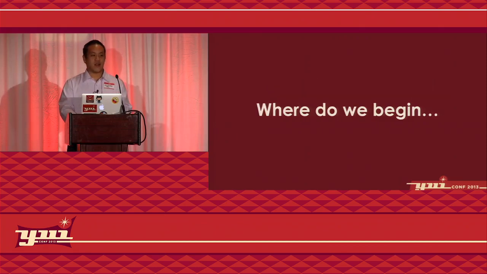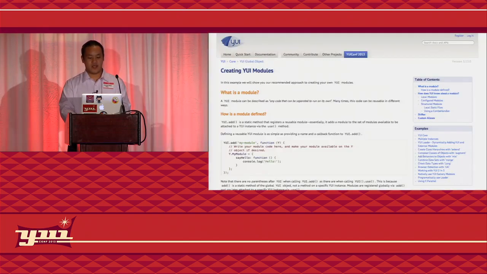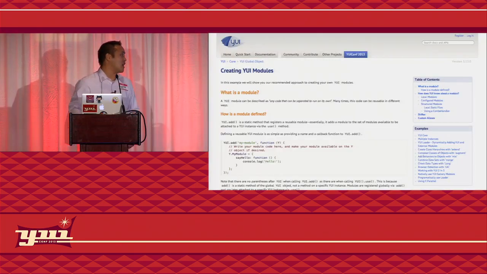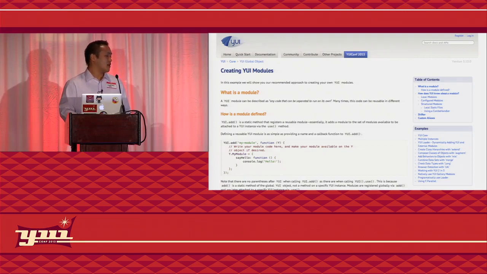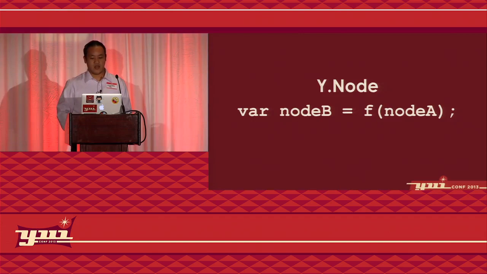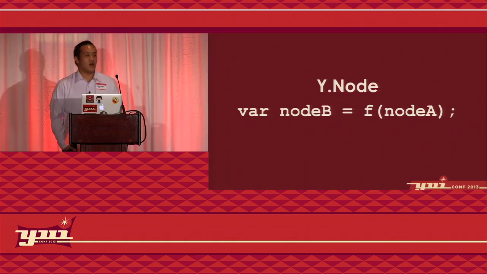So if you want to start writing your own YUI modules, where do you begin? A good place to start is the YUI documentation website, which will tell you the mechanics of how to do that. And essentially the major design principle that we wanted to follow was that YUI has this object called a node.